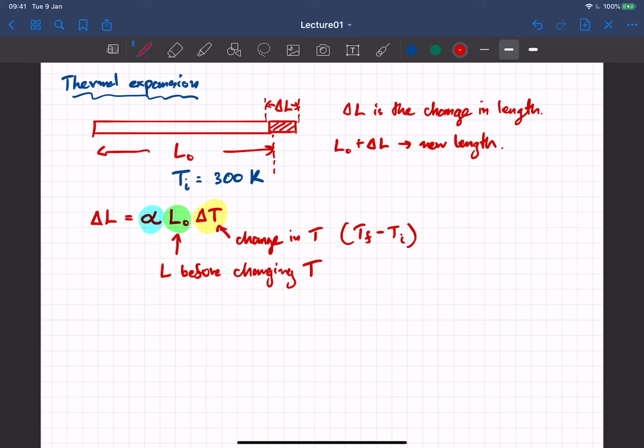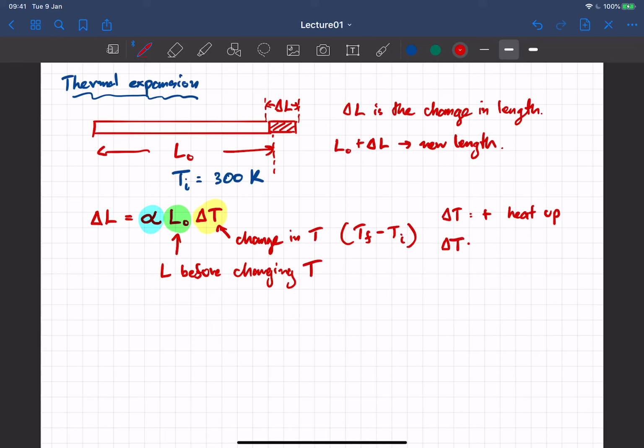Before we talk about alpha, there's another thing I want to point out for delta T here. Delta T can be either positive or negative. Positive means you heat it up because the final temperature is higher.